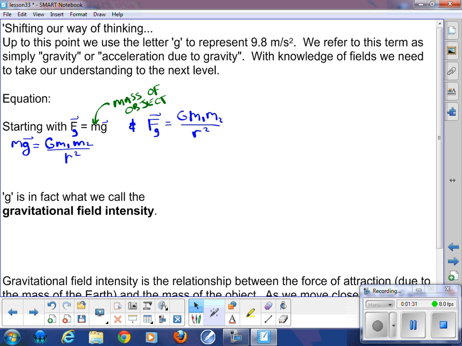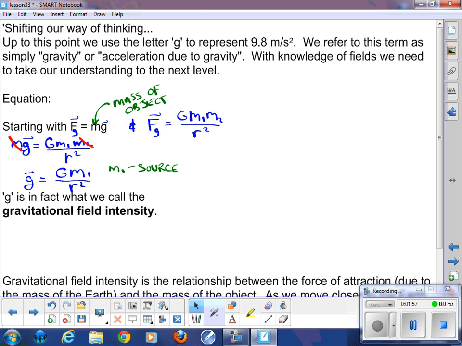That means our m2s would cancel out, which tells me I can calculate the value of gravity by taking G m1 over r squared. m1 is still the source, r is the distance, and G is a constant.